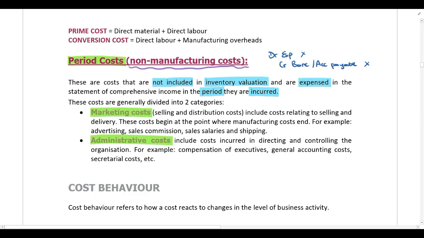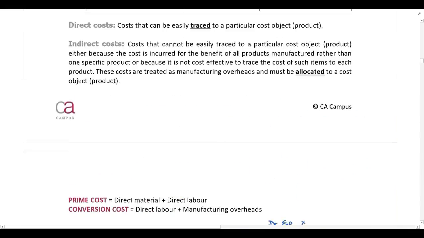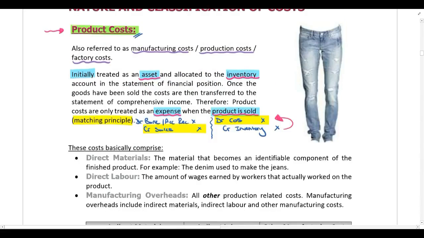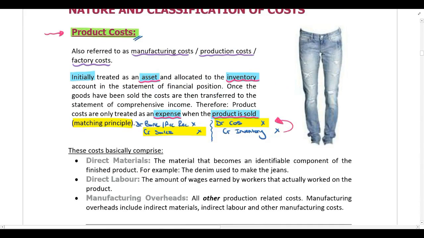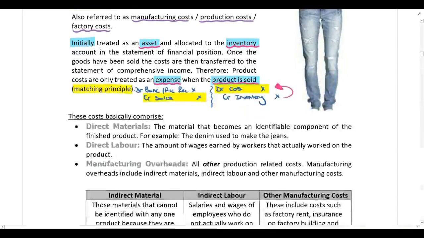So product costs are included in inventory valuation, treated as an asset. We only expense it when we actually sell the inventory. On the other hand, our period costs are expensed in the period that they are incurred. They are not included in inventory valuation. So what costs can be classified as product costs and included in inventory valuation?